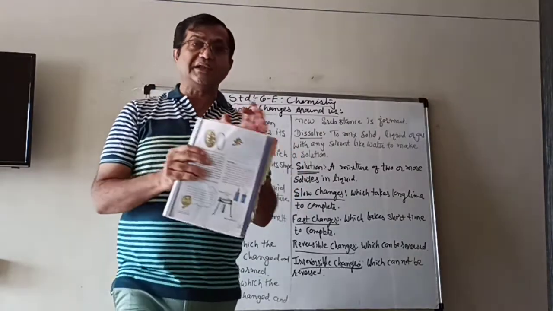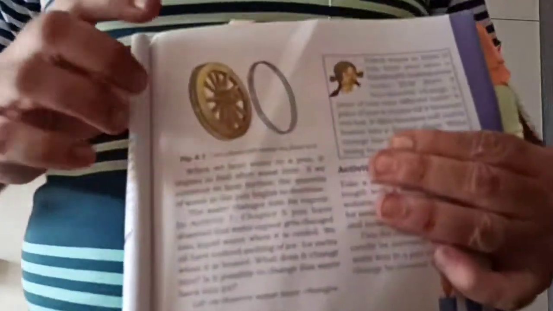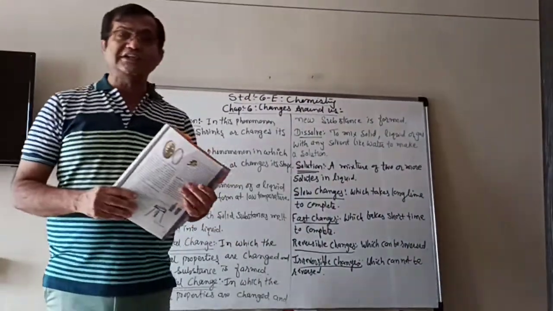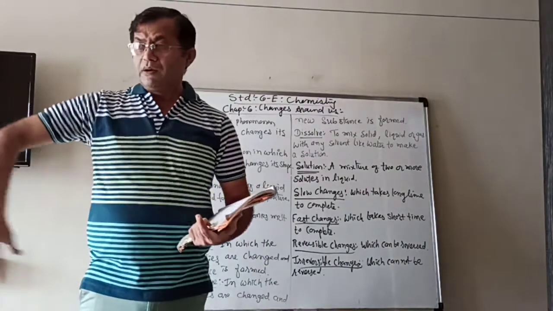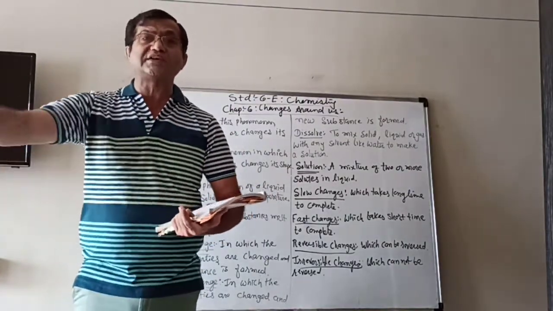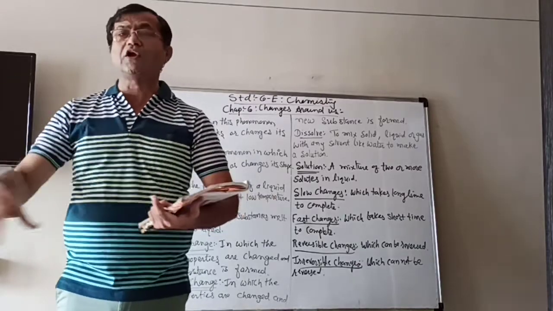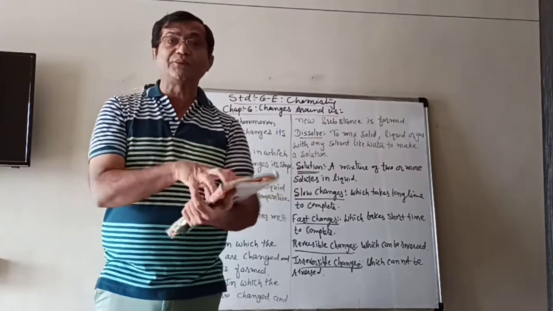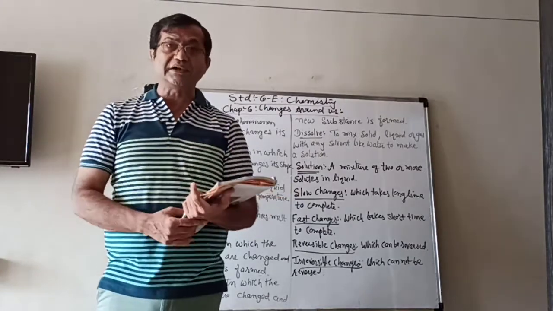This is the wooden wheel, and that is the rim that they will fit on the wheel. When they make the rim, its diameter will be a little smaller than the wooden wheel. Then what will they do? They will make a ring of cow dung cakes or coal, burn it, and put the metal rim in it.